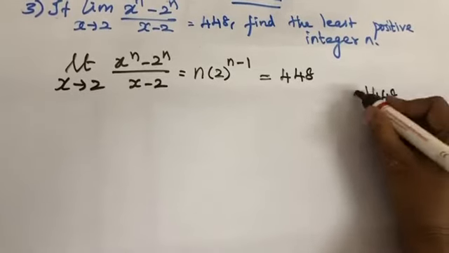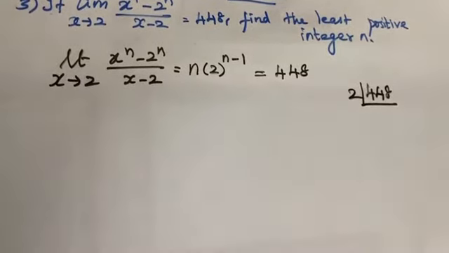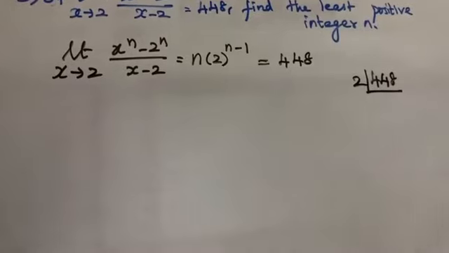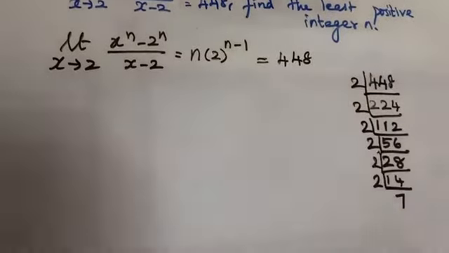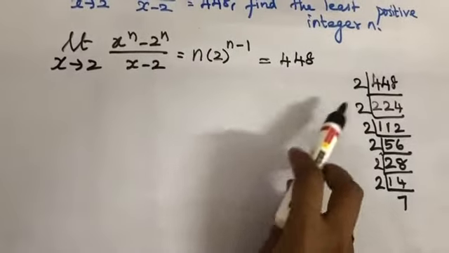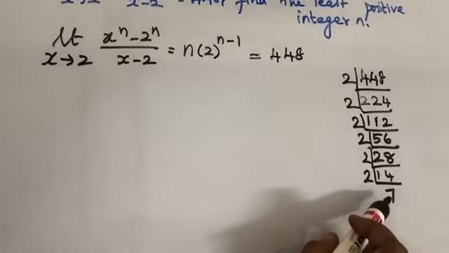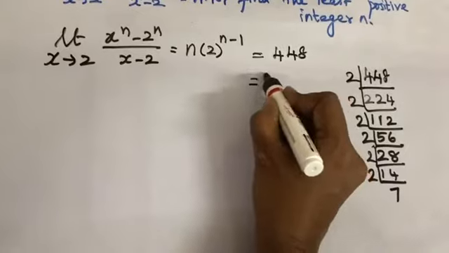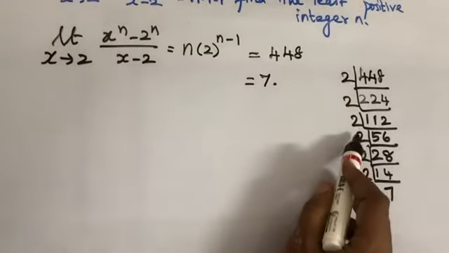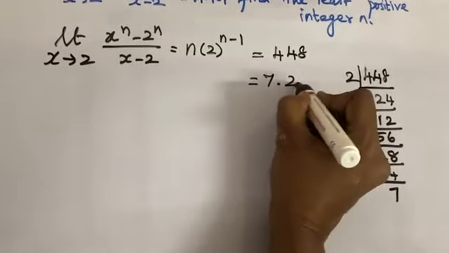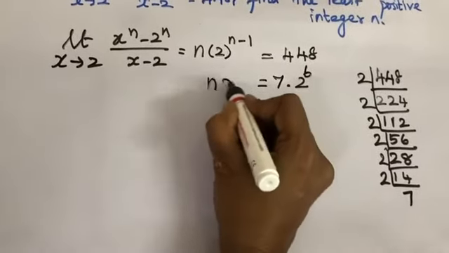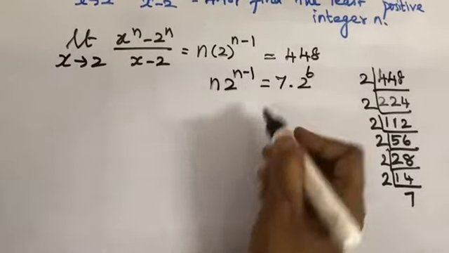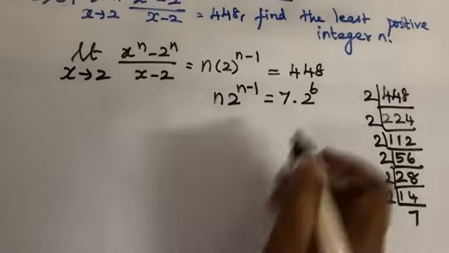So while dividing 448 like this, let's check what powers of 2 it holds. So here we can write 448 as 7 into 2 power 6. Okay, that is n into 2 power n minus 1 is equal to 7 into 2 power 6.